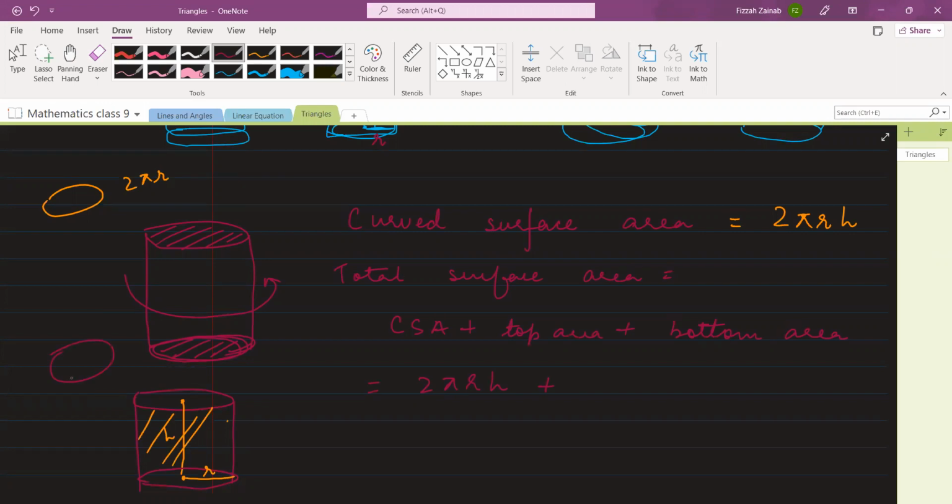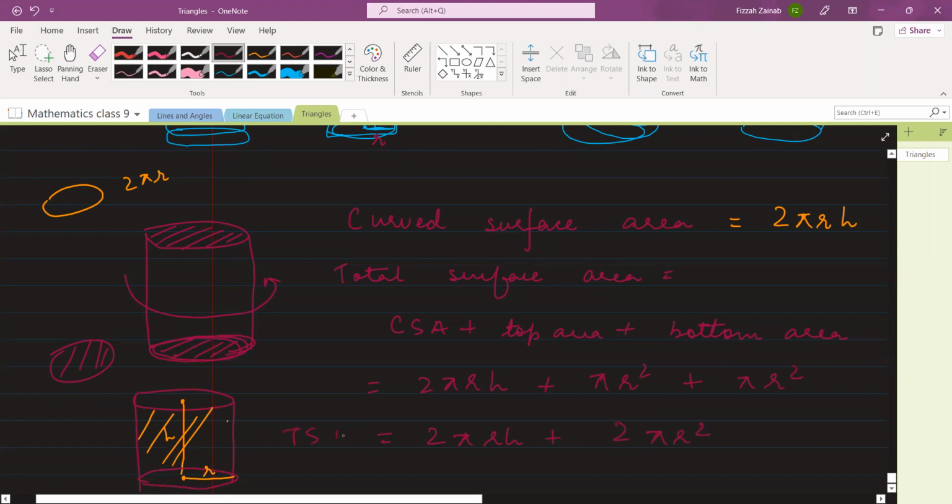See, the top looks like a circle, isn't it? Whose area is pi r square. And also the bottom is pi r square. So 2 pi r h plus 2 pi r square. This is the total surface area of a right circular cylinder. And this is the curved surface area.